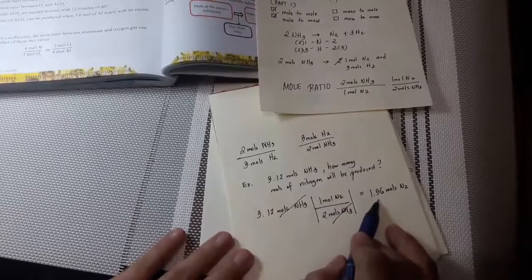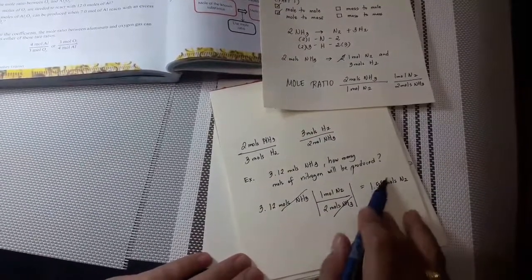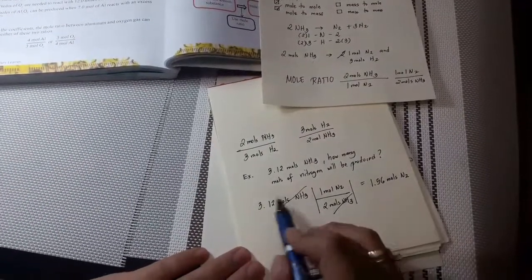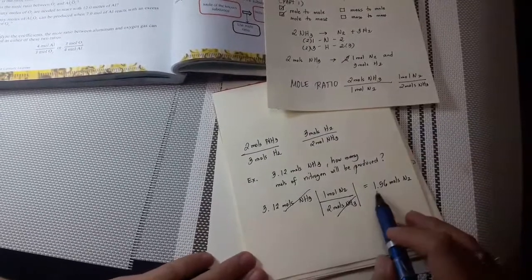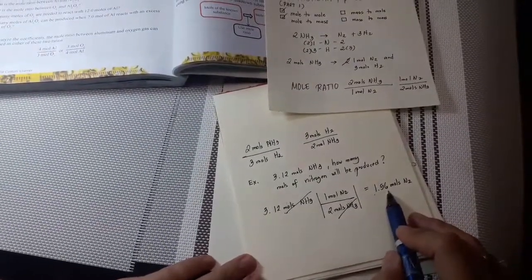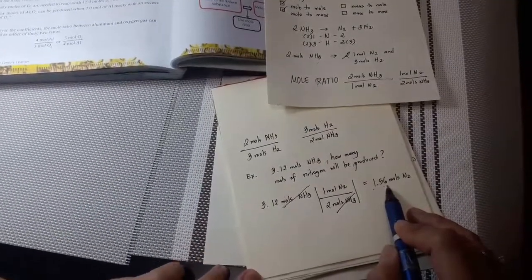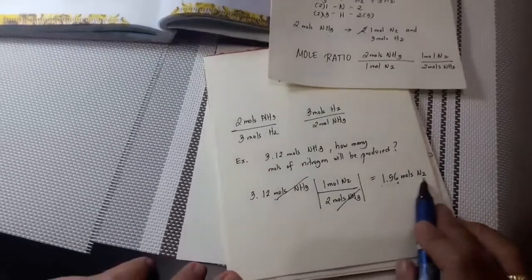And that is 1.56. Now, you have to consider in your final answer the correct significant figures and the unit. In our given, we have 3 significant figures. Therefore, you also have to express your final answer in 3 significant figures. And the unit is mole nitrogen.